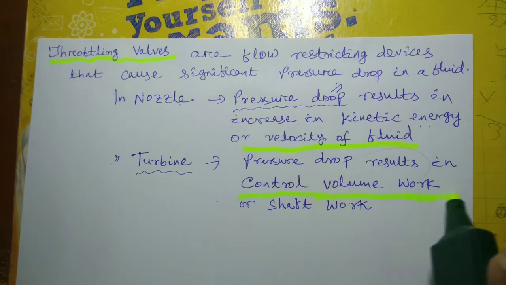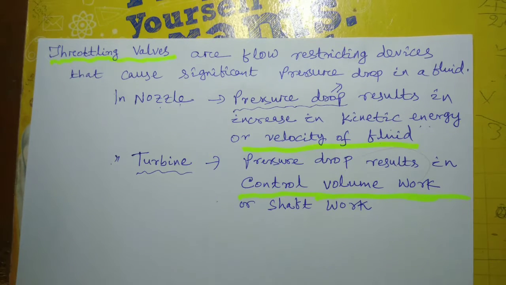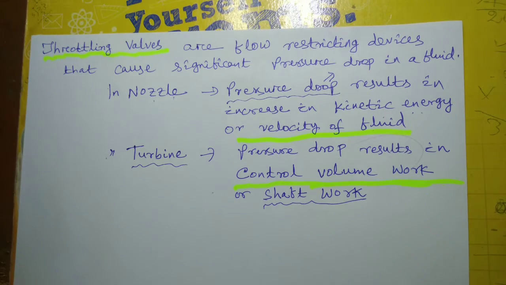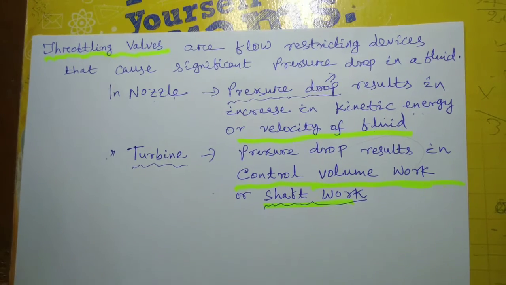A turbine is a power producing machine in contrast to a compressor, which is a power consuming machine. So control volume work means shaft work, because a shaft is attached. So control volume work is the same as shaft work. So this is the basic difference.